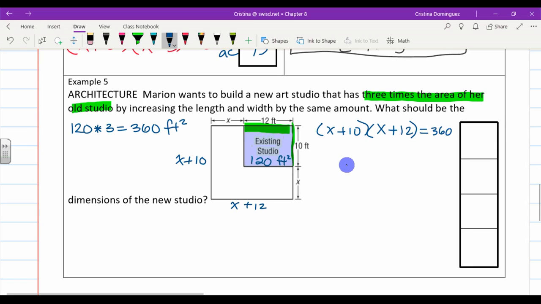Okay. Now, in our previous examples, we started setting each factor equal to 0. The only problem is that this is not equal to 0, right? And so we can't do that until we have 0 on this end. So for that reason, we need to go ahead and distribute this and move over the 360.